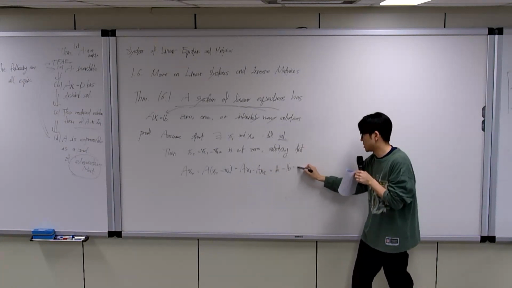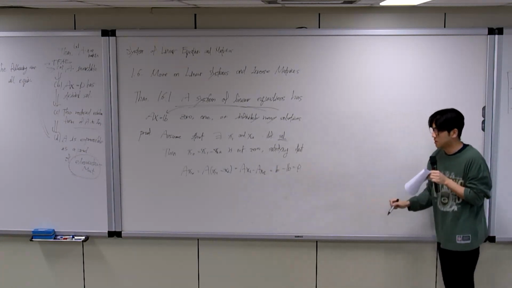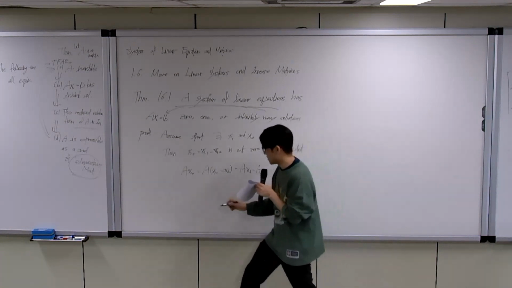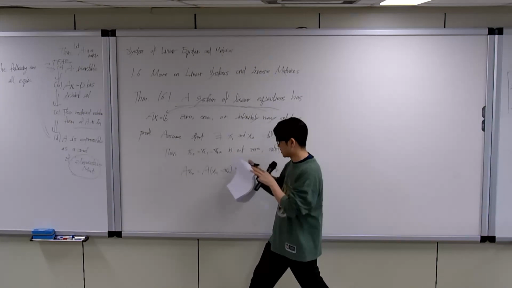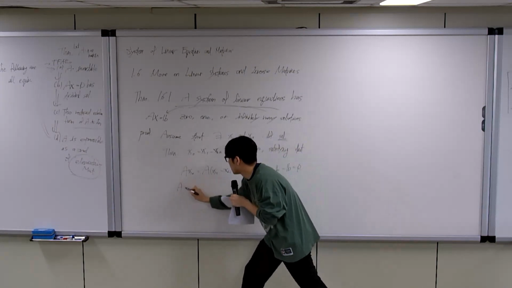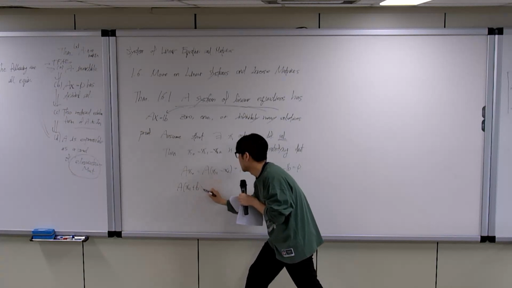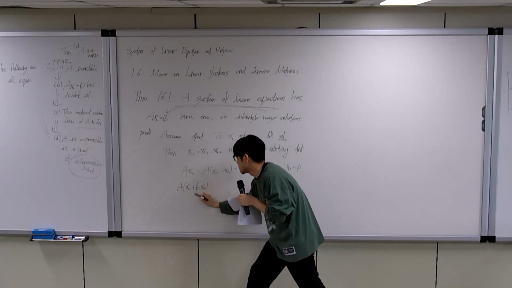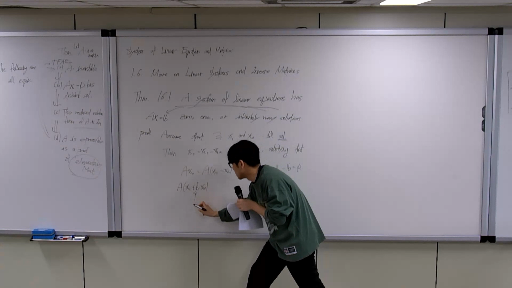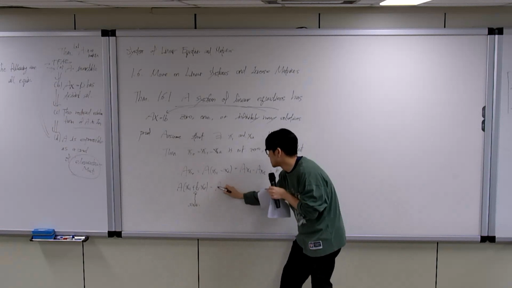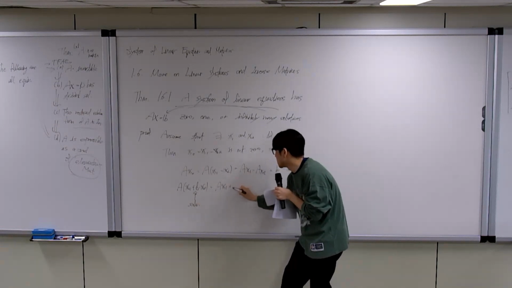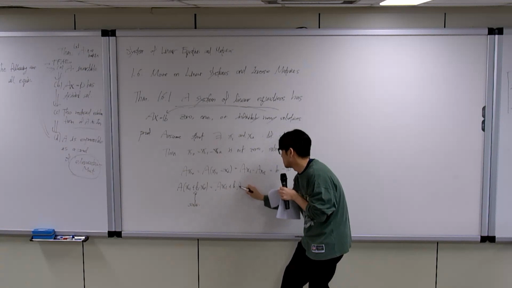Then A x0 is 0. From this, if we construct another vector x1 plus k x0, where k is any arbitrary scalar, it also satisfies this equation.